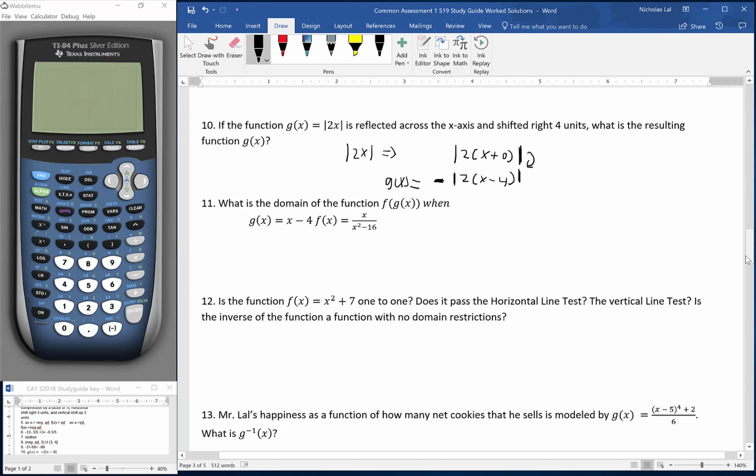So g of x would be equal to negative 2 times the absolute value of x minus 4. Once I factor, that shows the x-axis reflection, and this value shows minus 4, that shift right 4.